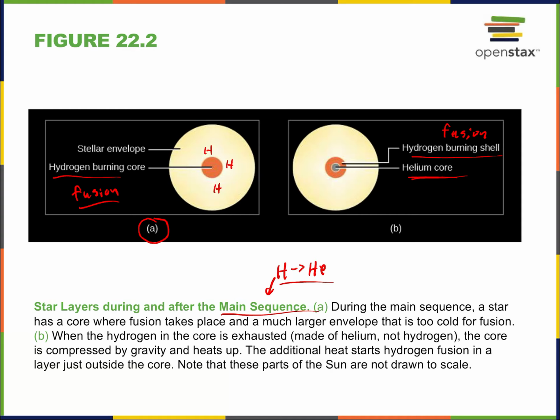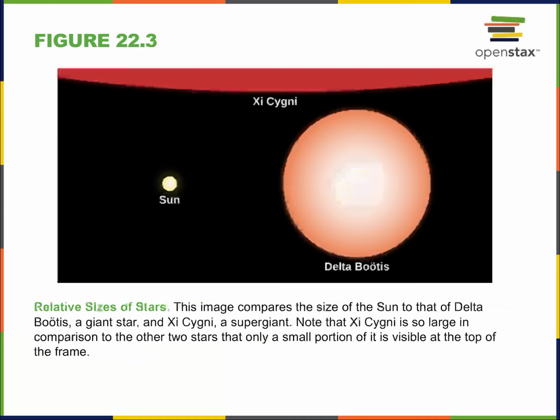So, as that happens, what happens to the star? It gets really, really big. To understand that idea, it's all about energy. All that extra hydrogen that wasn't burned before is now hot enough to burn, and that's generating heat. That heat is pushing out to the outer layers of the star.